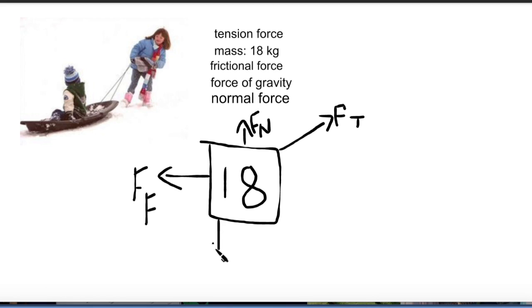And make sure when you draw the force of gravity that you account for the fact that there is a force of gravity on the kid in the sled and on the sled itself.